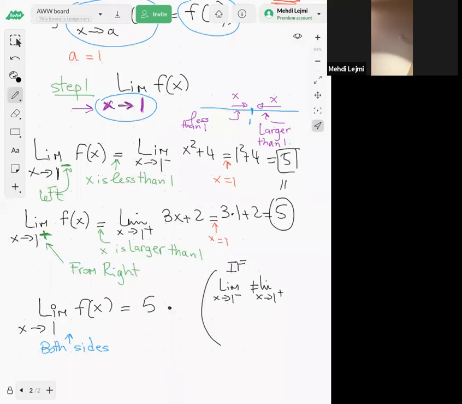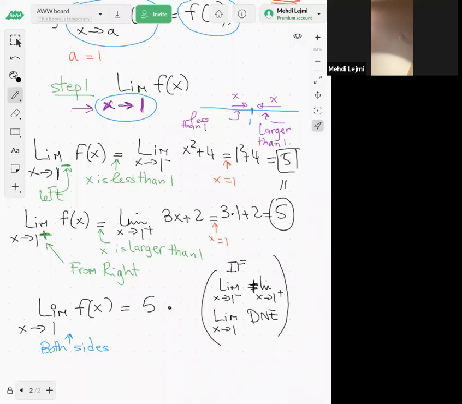From the left and from the right, we get 5, right? But if they are different, then this limit does not exist. So then the limit x going to 1 from both sides does not exist. So yeah, that's the limit of f of x, x going to 1 is actually equal to 5.